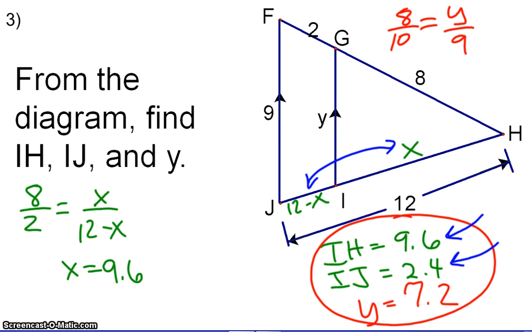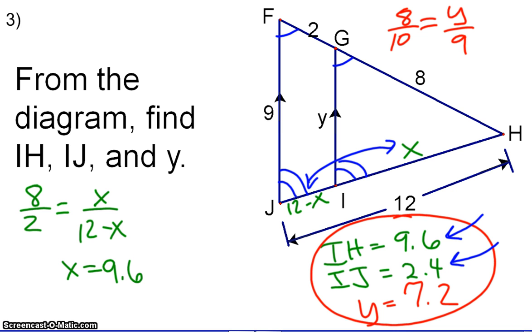And solving for y is probably one of the most common mistakes in this case. This is not one of the parallel proportion theorems or anything like that. This is dealing with similar triangles. Because of the parallel lines, we have corresponding angles in each case.